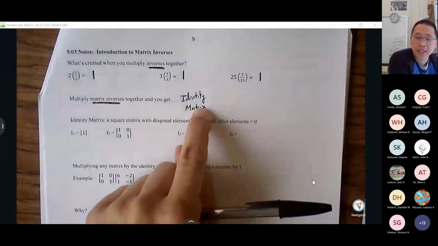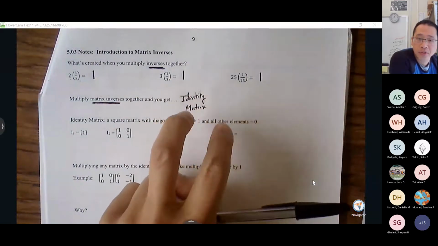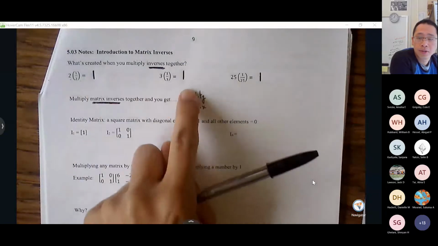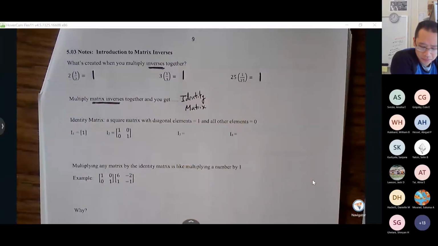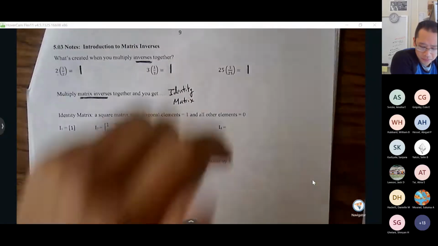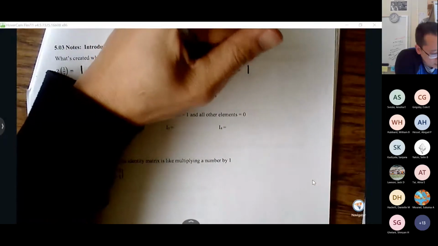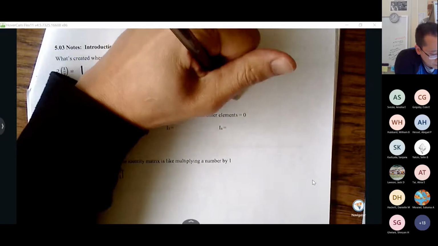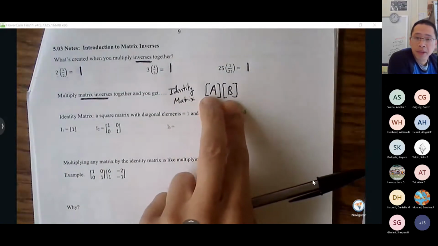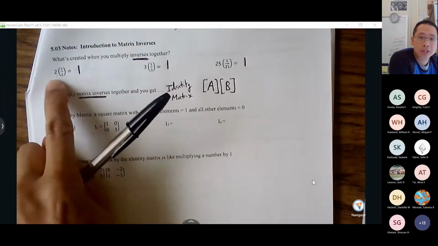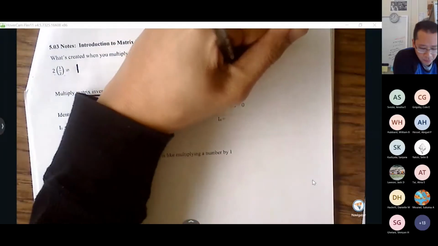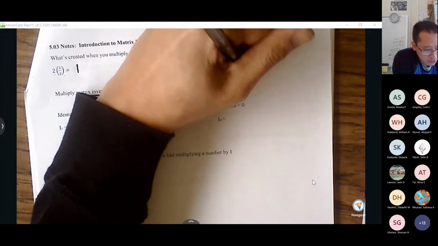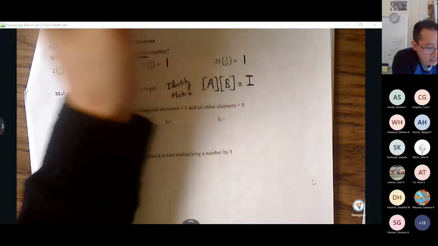An identity matrix is kind of like a matrix version of 1. So if I were to multiply matrix A and matrix B, if matrix A and matrix B are truly inverses of each other, then they will produce an identity matrix.